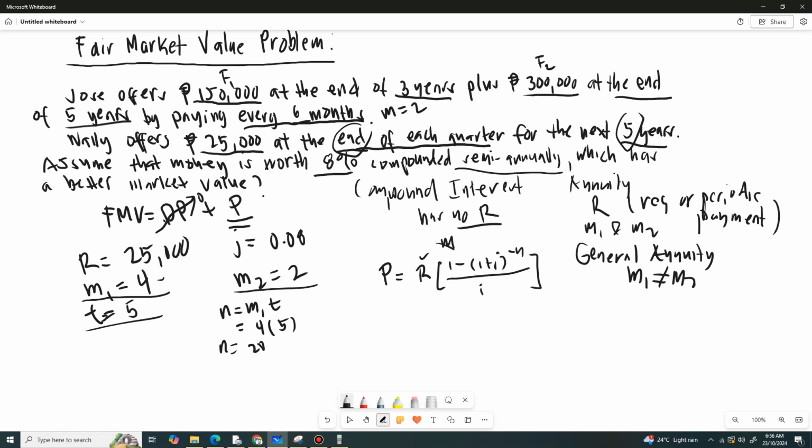So, we have N, but we don't have I. First, we are going to solve for I. I is equal to 1 plus J over M2, raised to M2 over M1, minus 1. This is the I of a general annuity.